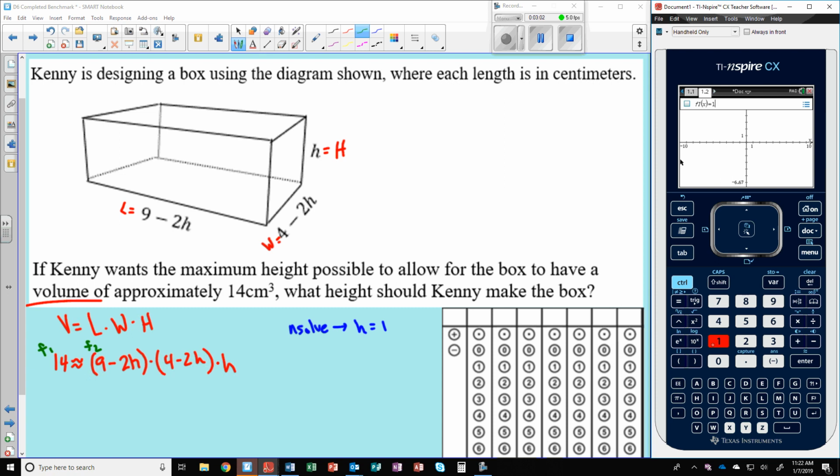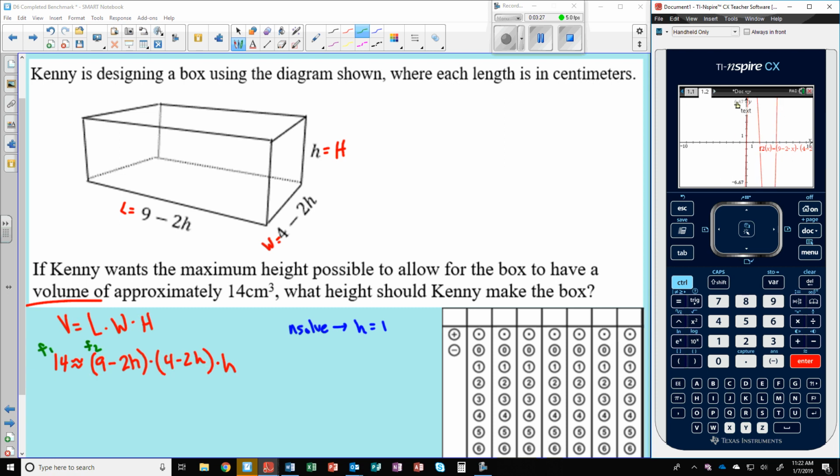So I'll have 14, and then for my second equation, I'll do 9 minus 2x times 4 minus 2x times x. I have to use x when graphing. If you don't put this last one in parentheses, you'll have to hit the times, otherwise the calculator will mess up. Now hit enter, and there's the volume function.